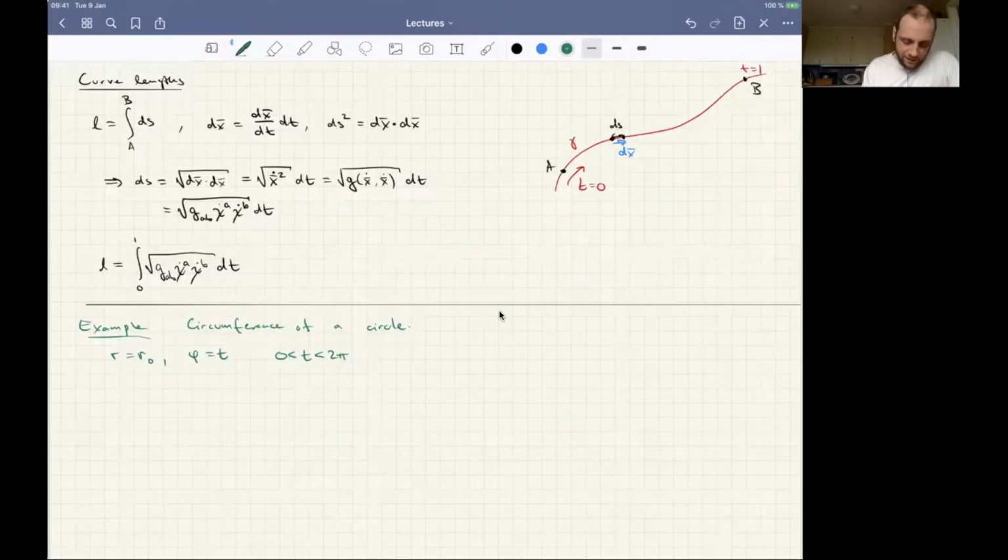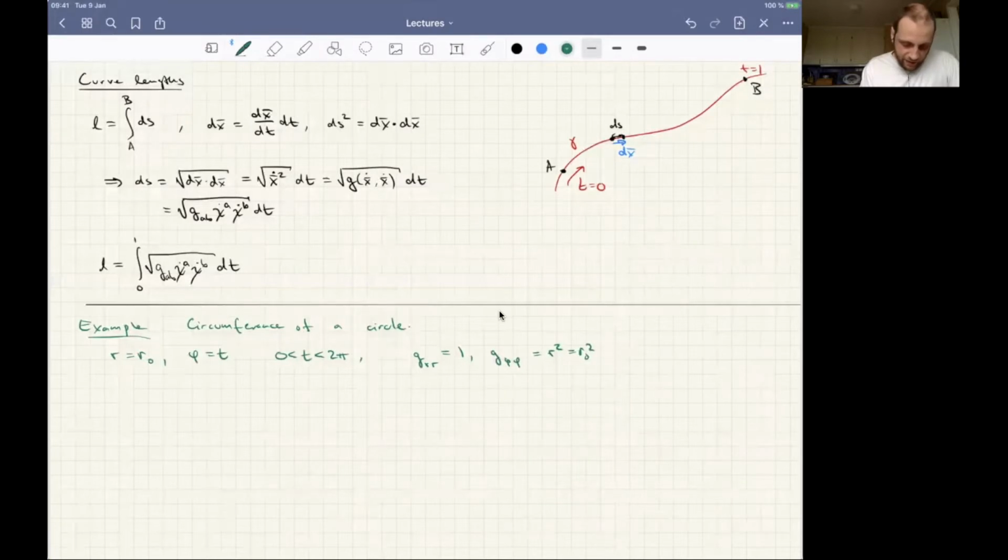So this means that if we look at the components of the metric here, g_rr is 1 and g_phi phi is r squared, which on the circle is r0 squared.